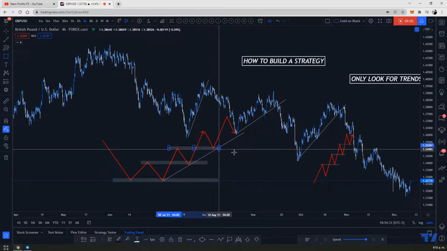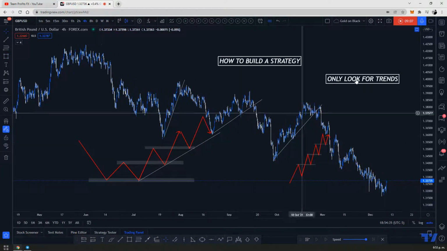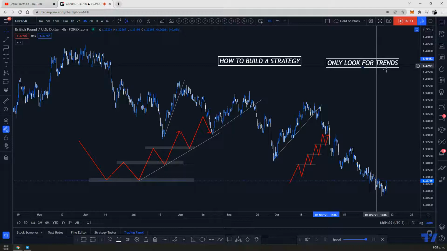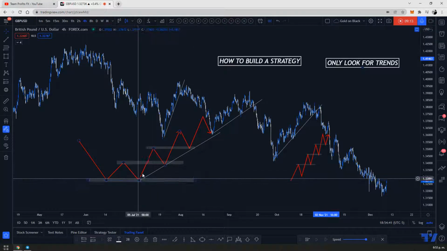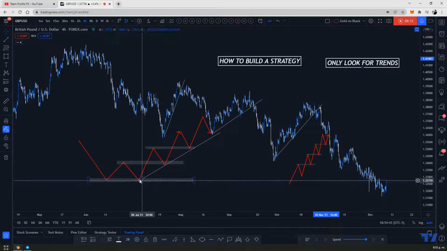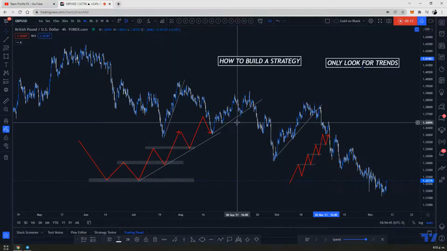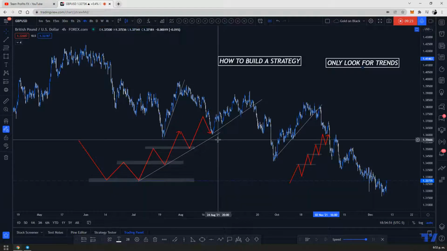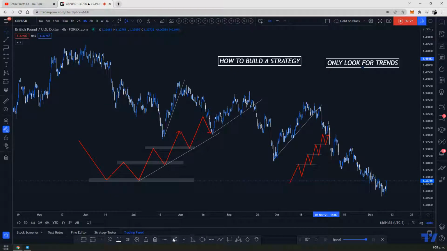So, all right, we already have one rule, which is I'm going to be looking for trends. Only look out for trends. So, how do you know if it's a trend? I'm going to be drawing my line once I see the market creates the first higher low. I will draw my line. So again, there you go. You have another rule right there.